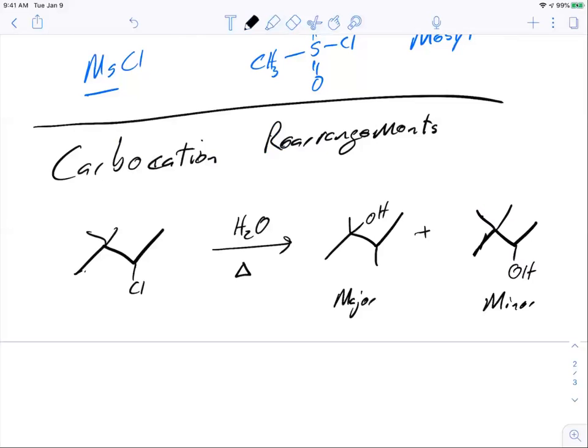So if I did this SN1 reaction, there's a possibility that my substrate gets modified. So what I think should be the product, which is this, just the direct substitution of the chloride with the alcohol, I end up with another product. And in many cases, this other product turns out to be the major product.